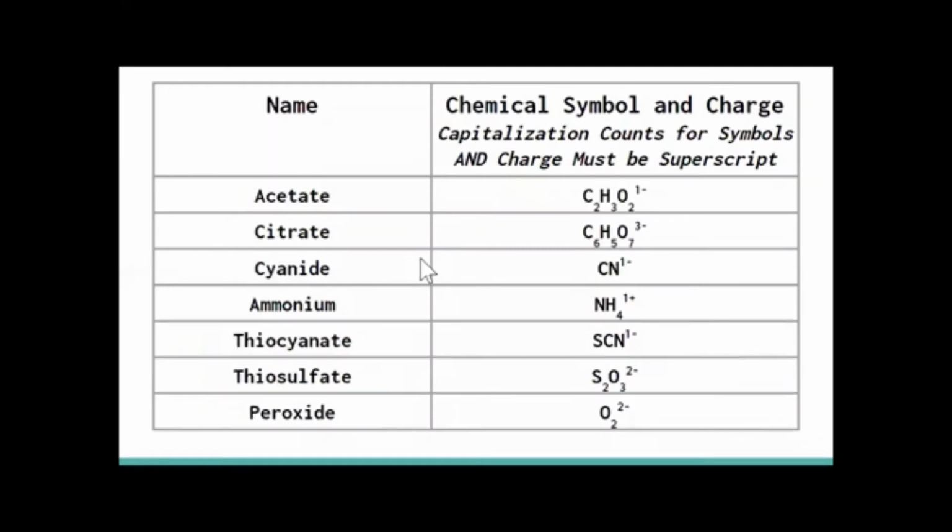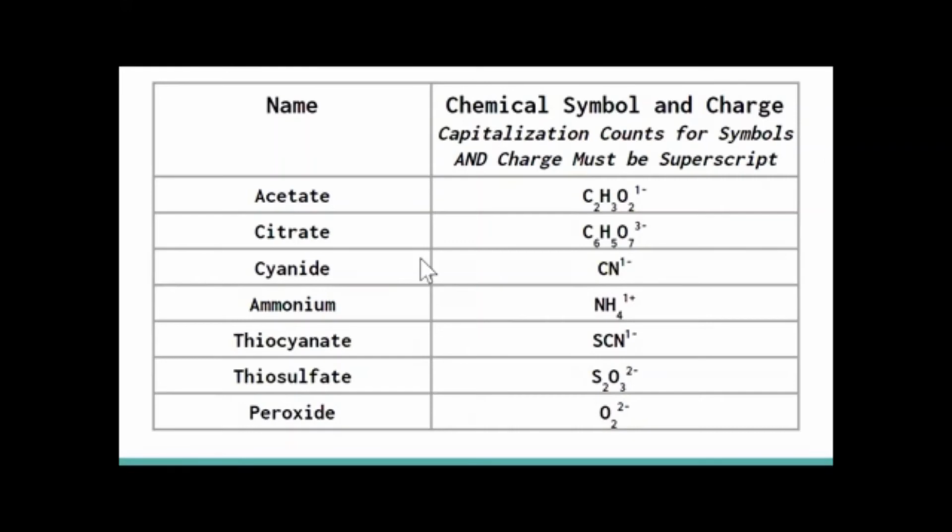Okay, last piece. Acetate, C2H3O2, 1 minus. Citrate, C6H5O7, 3 minus. Cyanide, capital C, capital N, 1 minus.